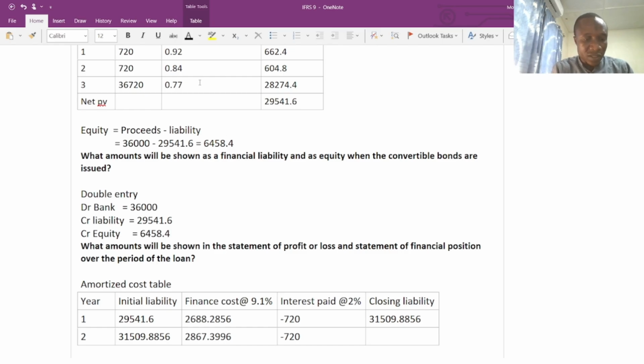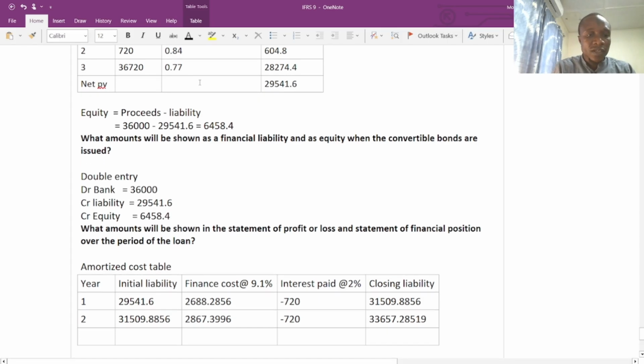Plus 31,509.8856 minus 720 will give us 33,657.2519. Year three, 33,657.2519 multiplied by 0.091, 9.1%, will give us 3,062.8129.